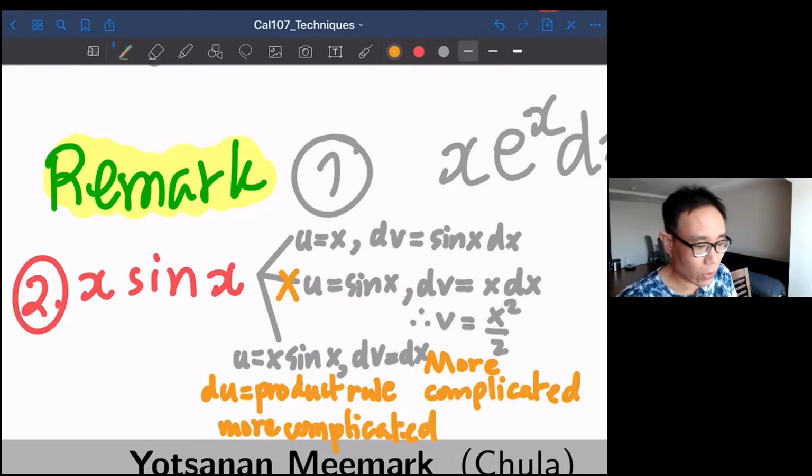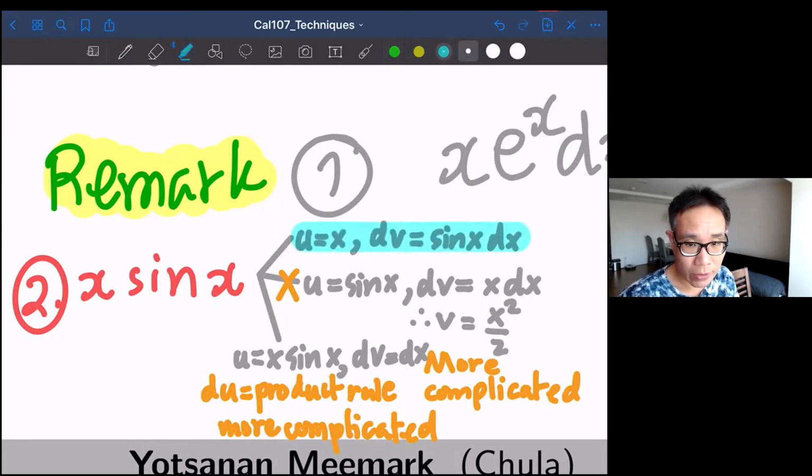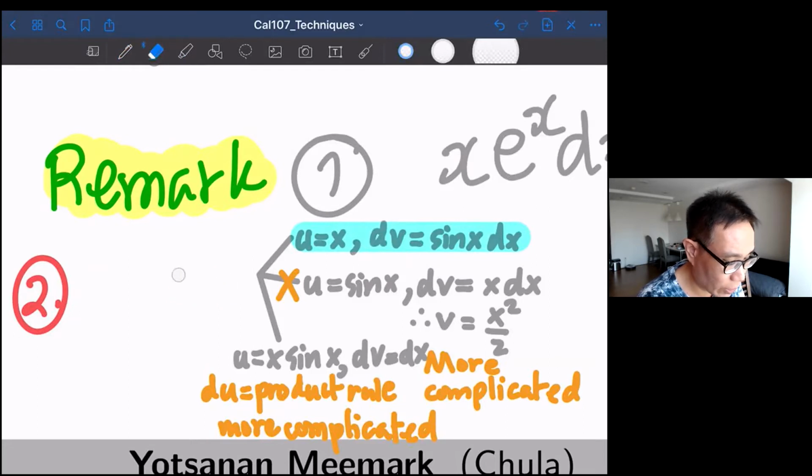Okay, so the one that we're going to use here is going to be the first one. So you're going to have u equal to x and dv equal to sin x dx. Okay, similarly, this trick can be applied for x cos x. So this one, let me erase this one. I forgot the x.